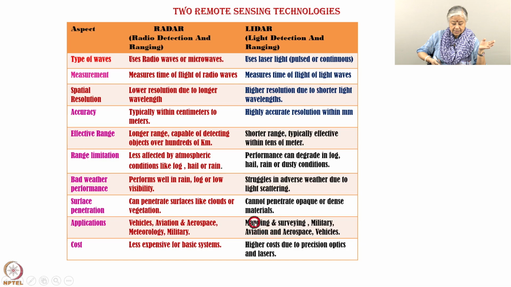In case of LiDARs, the applications are mainly in mapping and surveying, that means mapping terrains. It is definitely used for military purposes also, and in aviation and aerospace. If the range is smaller, you can detect aeroplanes or jets, or maybe the smoke coming out of jets and such things.